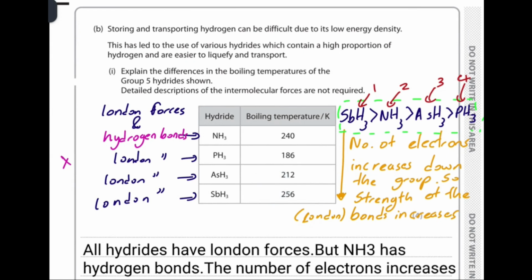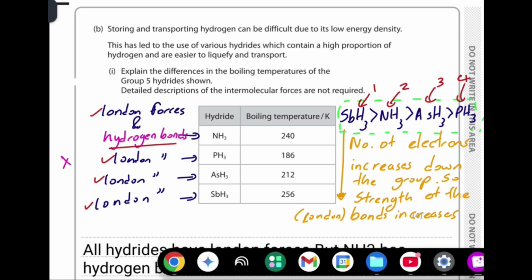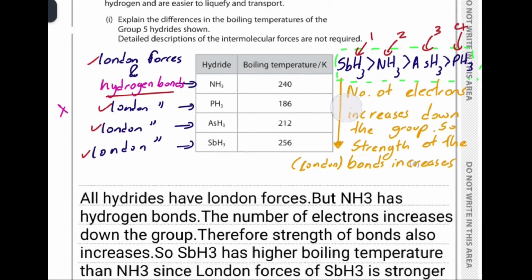All of these compounds have London forces, but additionally NH3 has hydrogen bonds, since its electronegativity is higher than the other elements in group 5. Hydrogen bonds are stronger than London forces.